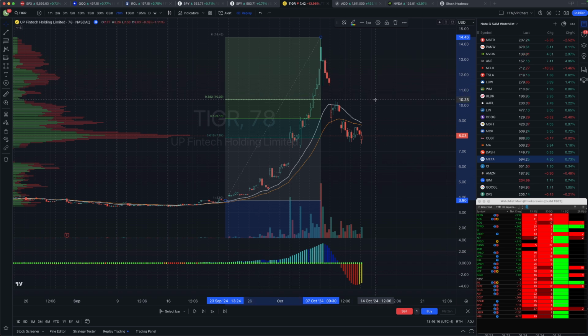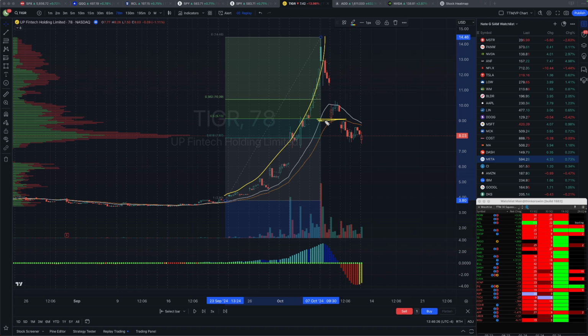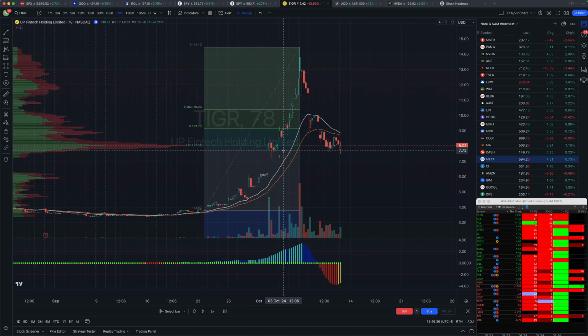But as you can see, this 382, this 50% retracement, that's measuring 50% of this whole move right here, right? And so as these things pull back, that's another way you can use fib. The 618, that's where we're holding support here at the 618.